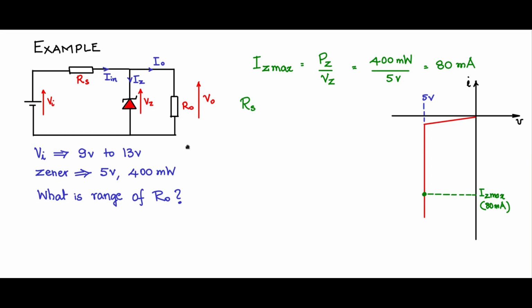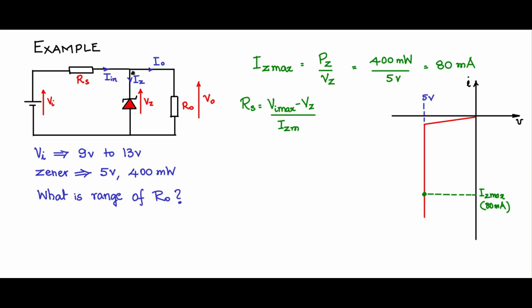So now let us try to find what this RS is. Take Vi max, which is 13 volts, minus this node potential, which is Vz, divided by In.